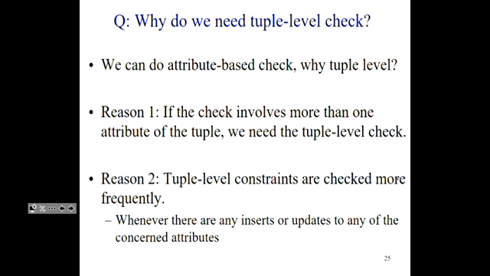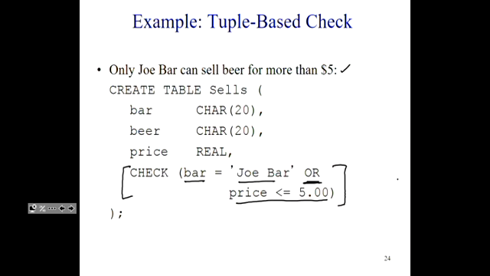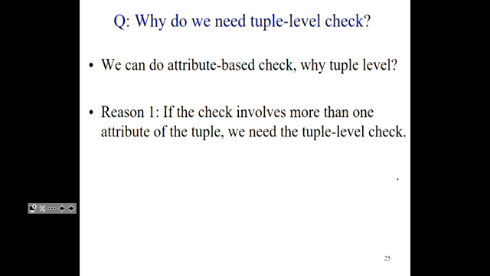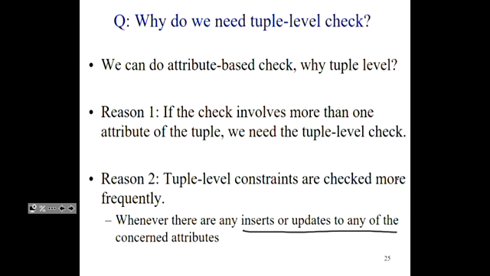Tuple-based constraints are checked more frequently. Attribute-based checks are only checked when that particular attribute is changed. So if you have an attribute-based check corresponding to beer, only if that attribute is changed is that constraint checked. While in this case, if you have any inserts or updates to any of the concerned attributes in this tuple-based check, it is checked. So it's just more general. That's all that matters.